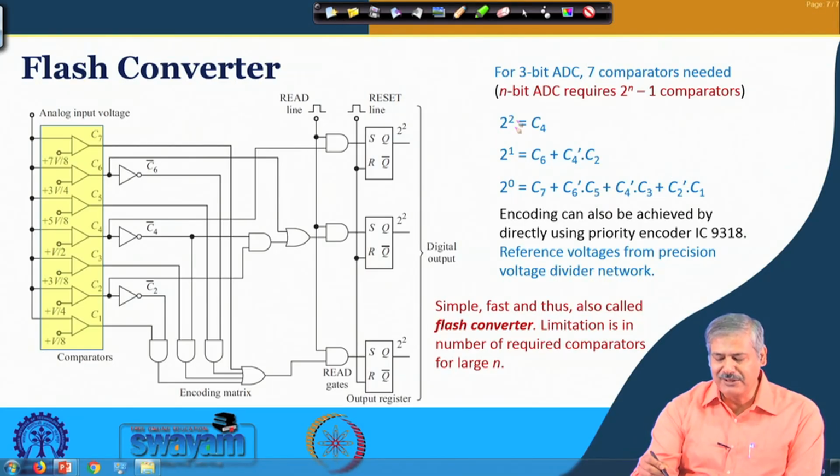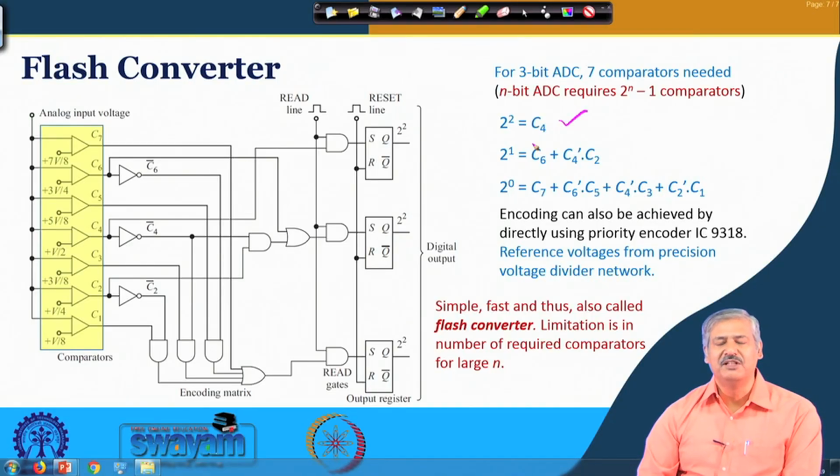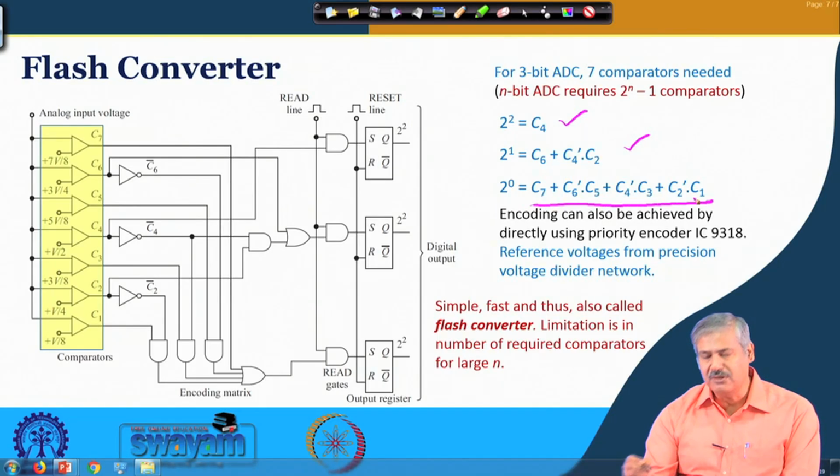So, similar thing we can find out, and if we do, then what we shall see? We shall see that 2 to the power 2, that output can be directly taken as C4. The way we had seen earlier, 2 to the power 1 for the 2-bit conversion case was taken from C2. So, similarly, it is taken from C4. 2 to the power 1 in this case is C6 plus C4 prime C2, and 2 to the power 0 will follow this relationship.